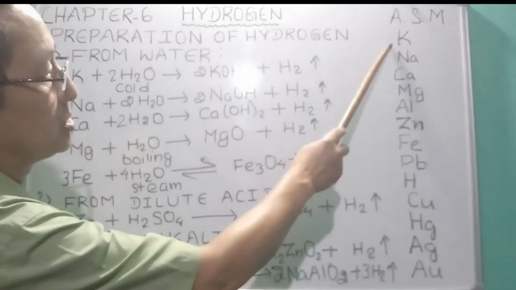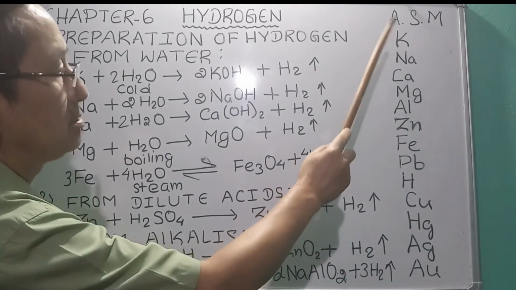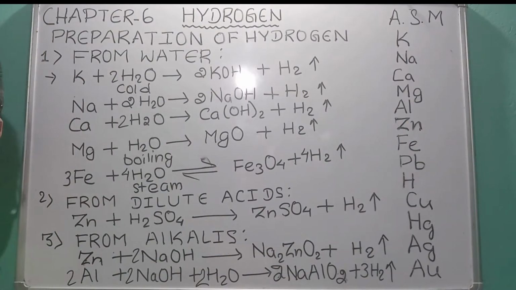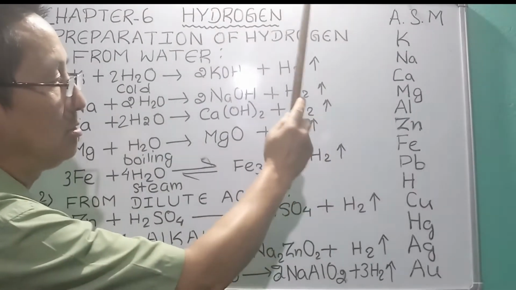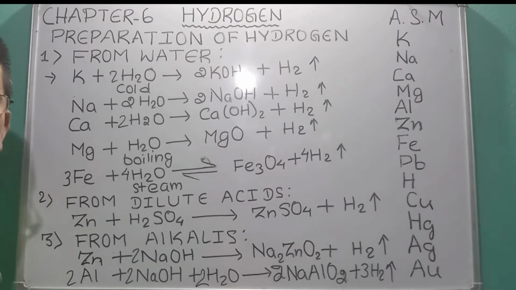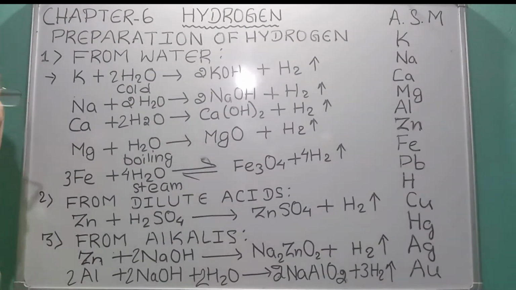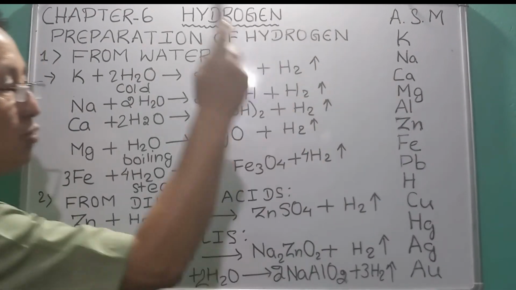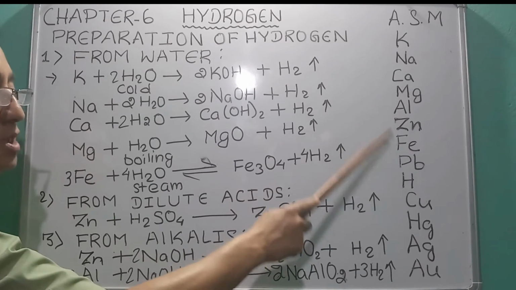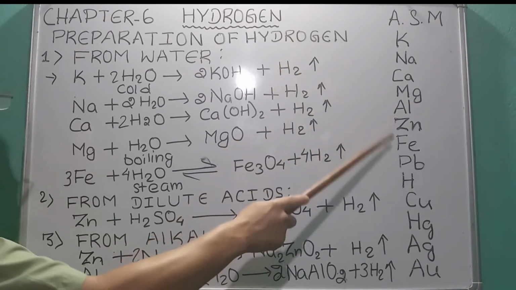But potassium and sodium we cannot use for the preparation of hydrogen gas from dilute acid because their reaction is uncontrollable. Calcium is not used because it is an expensive metal. So below calcium we can use magnesium, aluminium, zinc, iron, etc.